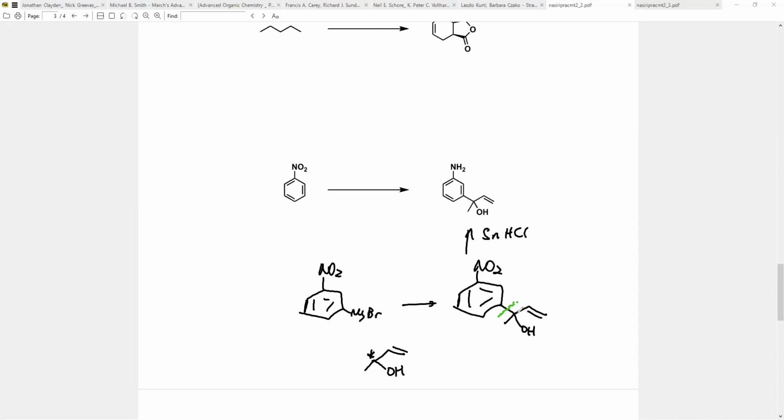So I cut off directly here, so this carbon here. If that marker is next to the alcohol, then it's a carbonyl. If it's one over, then it's an epoxide. So in this case, obviously, this becomes this here. This is the ketone that we use, and this is the Grignard that we're doing.